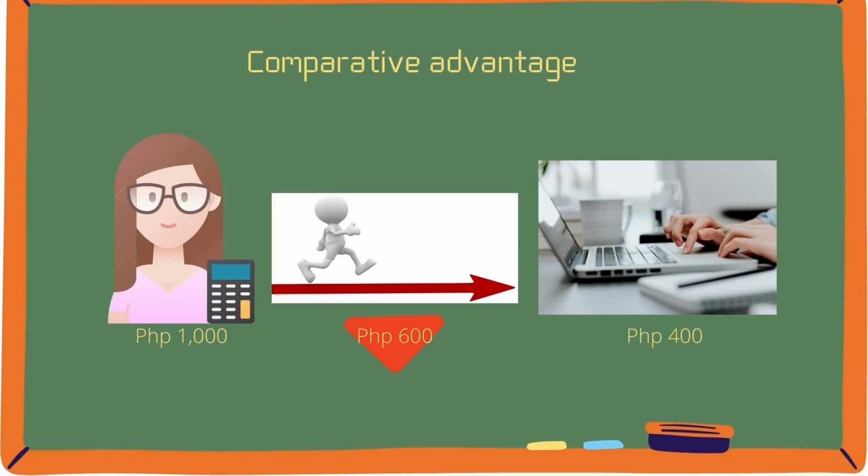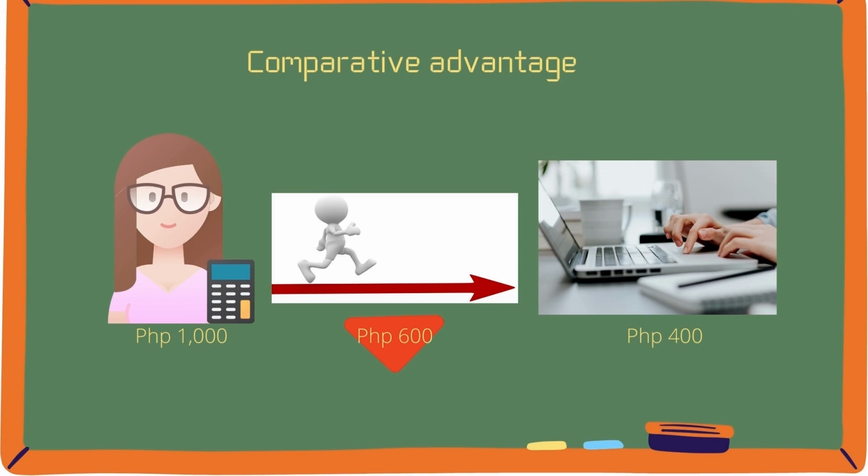Her productivity and income will be highest if she specializes in the higher paid accounting services and hires the most qualified administrative assistant who can type fast, although a little slower than Hannah.